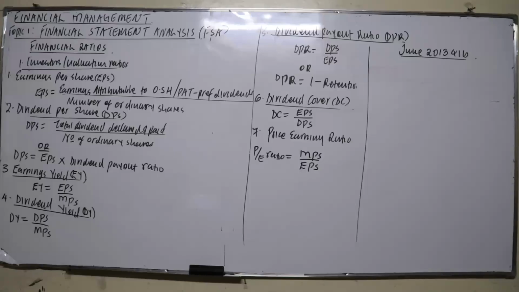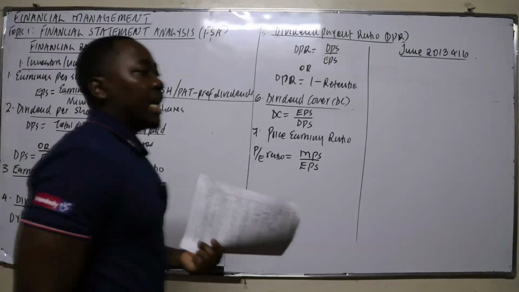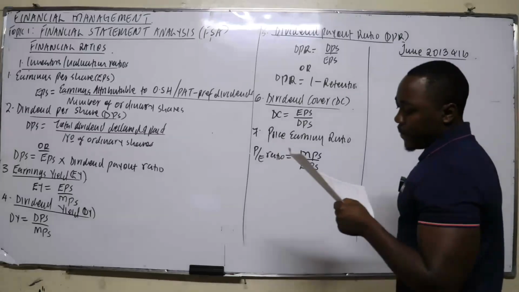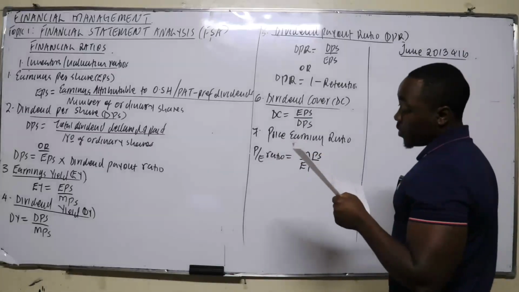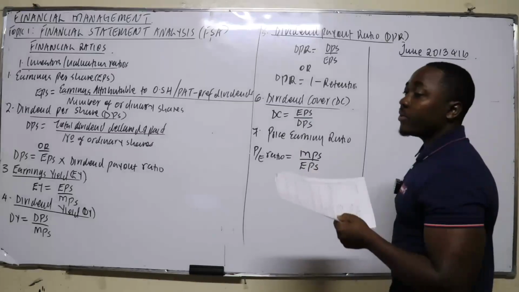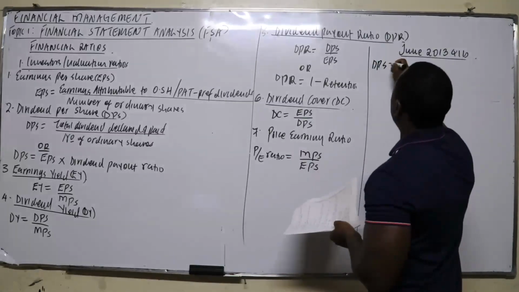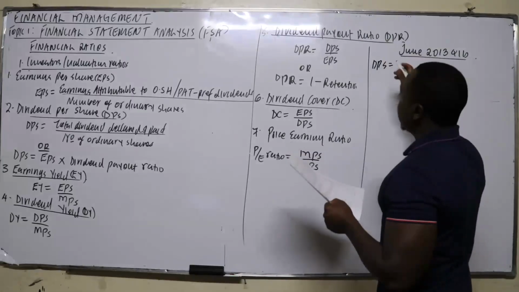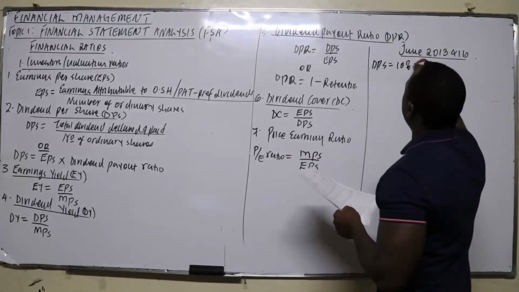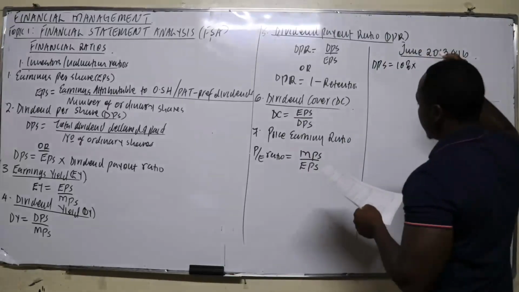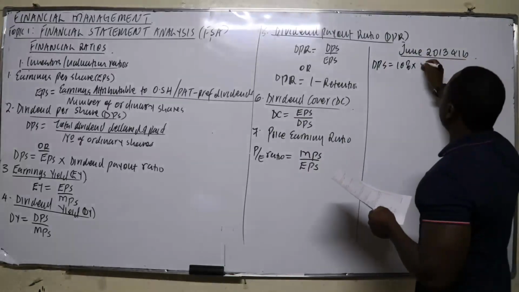We are told that WX Limited shares have a nominal value of 80 shillings. Nominal value means the par value. The company pays 10% of the nominal value of the share as dividend for the year. So the question is, how much will be the dividend per share? We are told that the nominal value in this case is 80 shillings.